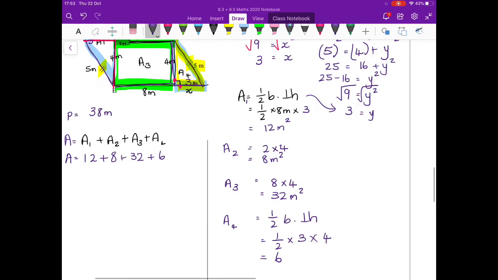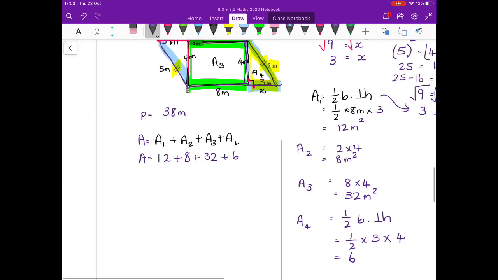So I'm going to add 6 on here. So 12 and 8 is 20. 20 plus 32 is 52. So 52 plus 6 will give me the total area, which is 58 meters squared because it's two-dimensional.